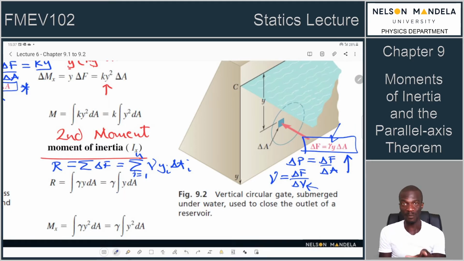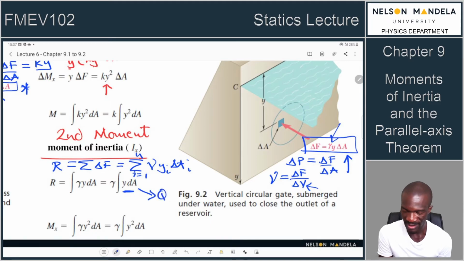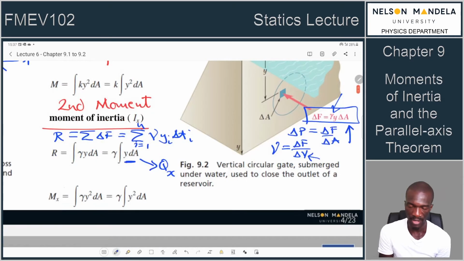To find the moment of that force, and by the way, this one we can already see is what? This is the first moment. So the moment of this resultant, which is actually a function of the first moment, is then given as the second moment, which is the moment of inertia.